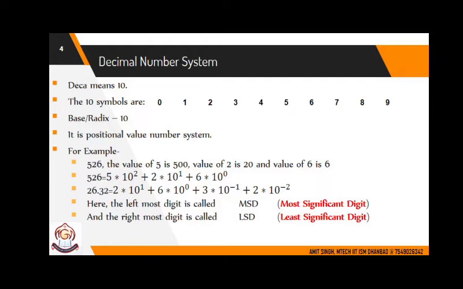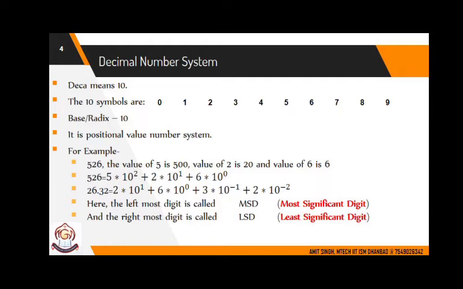As the name suggests, decimal means deca, and deca resembles 10. The 10 symbols are 0, 1, 2, 3, 4, 5, 6, 7, 8, and 9. As there are 10 symbols in decimal number system, the base and radix of this number system is 10.